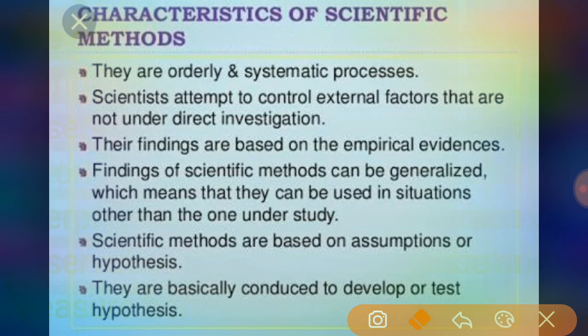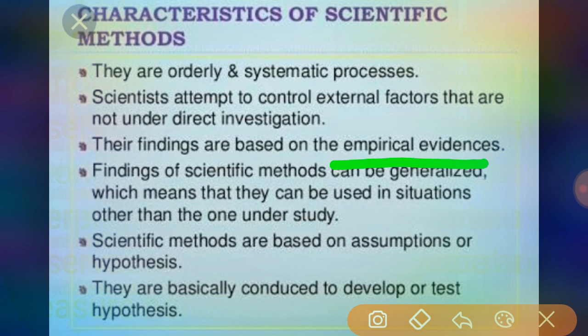Then the third one is that their findings are based upon empirical evidence. Whatever the researcher conducts should be based upon empirical evidence. With the particular evidence, with the particular proof of the study only, they can enter into the study.